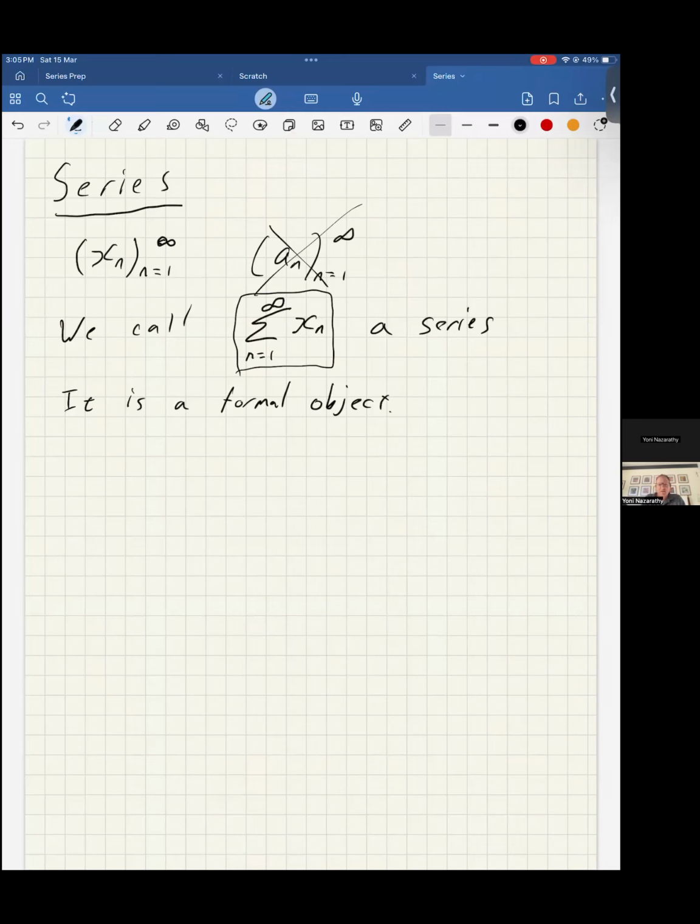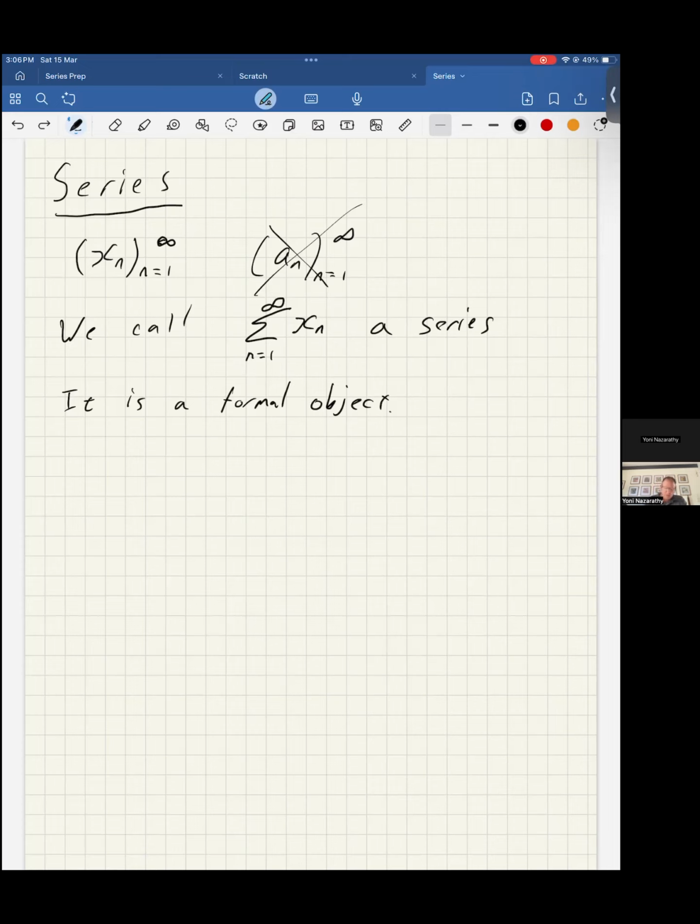Maybe it exists, maybe it's not. We could have, and there are just ways we use it, right? And specifically for series, well, maybe this thing does not converge, so there is no number or no vector or no matrix or no other object that we can mathematically manipulate that is this. And maybe sometimes it does converge to a number, but we'll get to that in a second. So hence we start by just saying that it's a formal object.